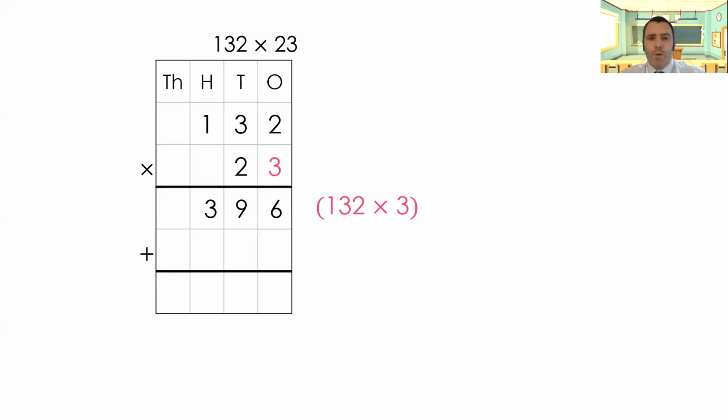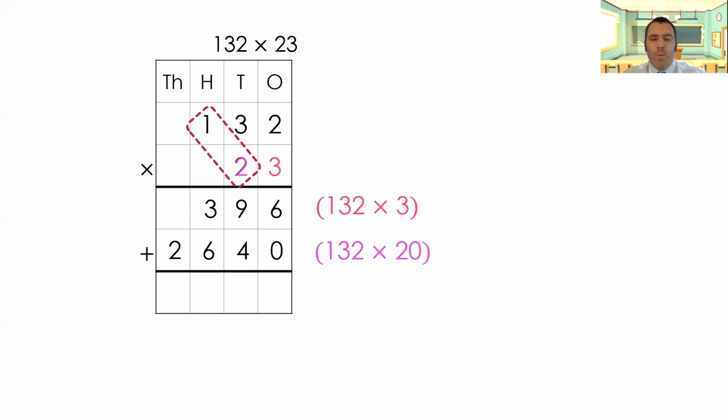Moving forward, we've got 132 times 20. 20 times 2, the all-important 0 there to show us there are no 1s in this calculation. 2 2s makes 4. 2 3s makes 6. 2 1s, and in this case it's 20 times 100, is going to make 2 thousands. So this goes in our thousands column.